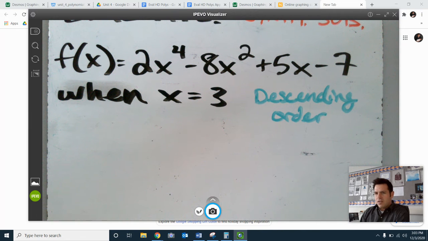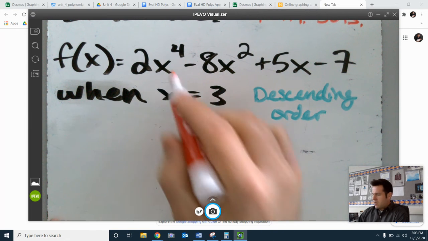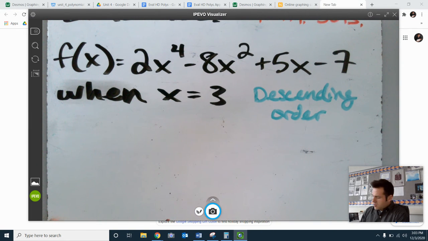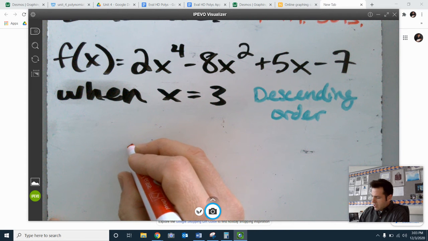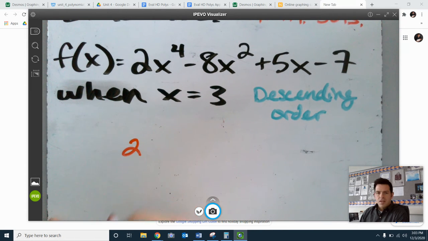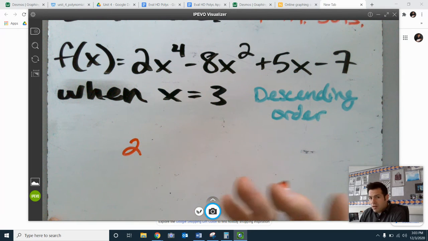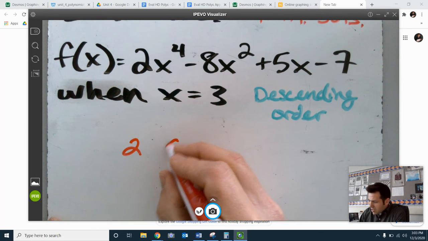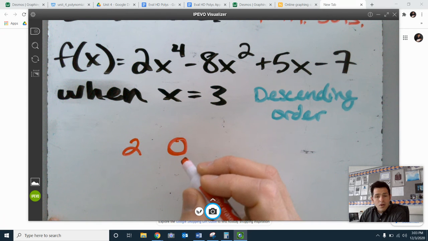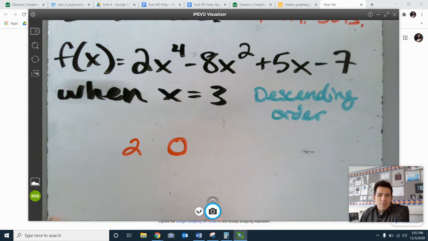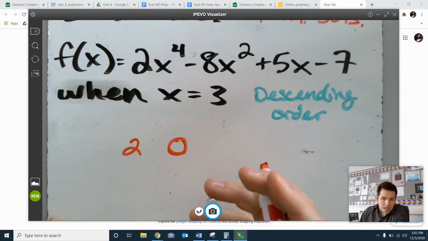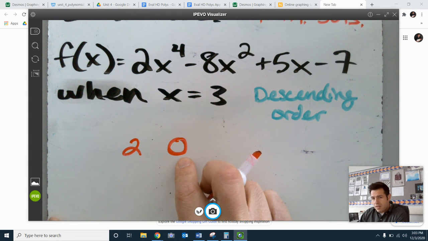Here's how we take that into account. Again, I'm focused on the coefficients here. My quartic term had a coefficient of 2. Then there was no exponent of 3. Since there was no exponent of 3, I want to make sure that I have a placeholder for that term. Again, there's nothing there for the exponent of 3, so I'm going to put a 0 down.